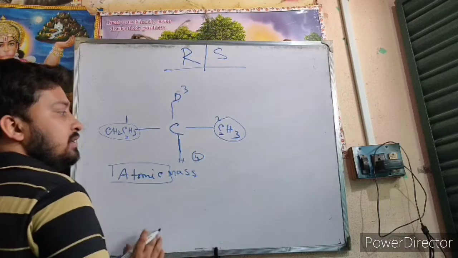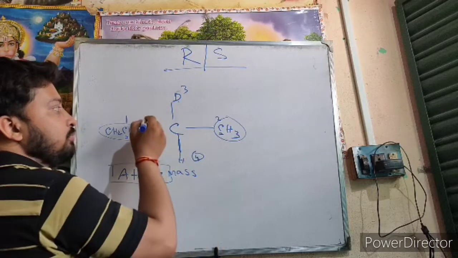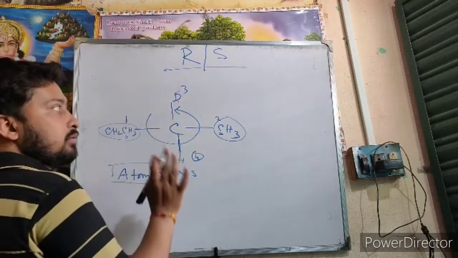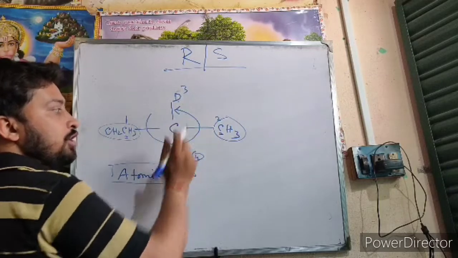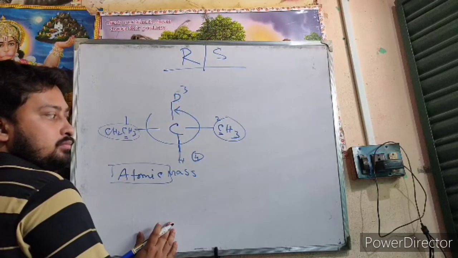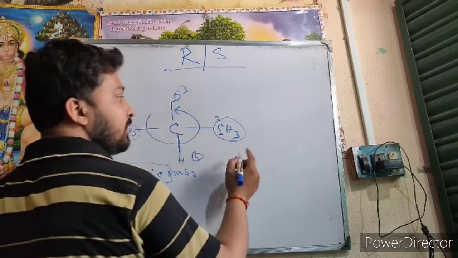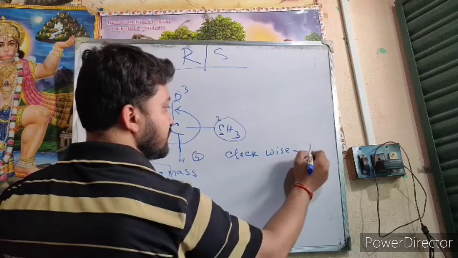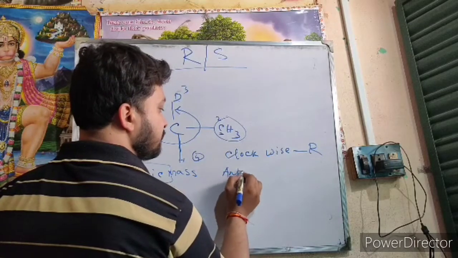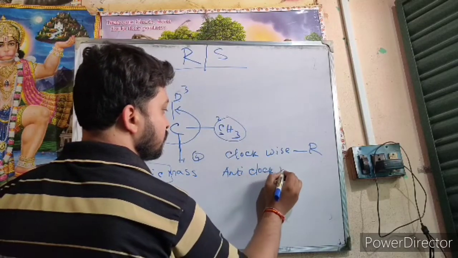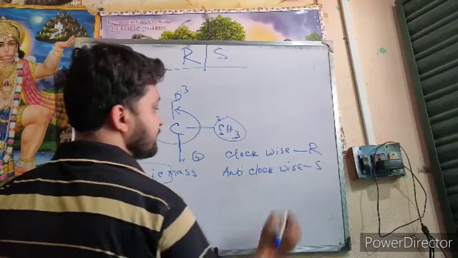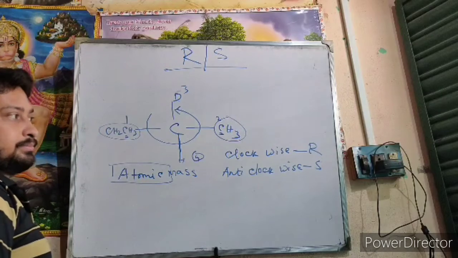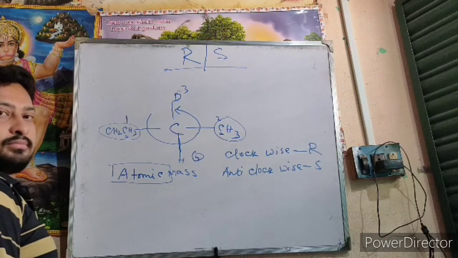The position of the H is not changed. You rotate this 1, 2, 3. If it is clockwise, this is R. If anti-clockwise, S. And the name is not changed here.